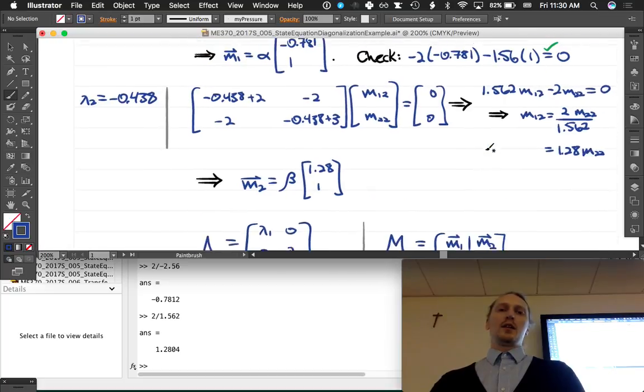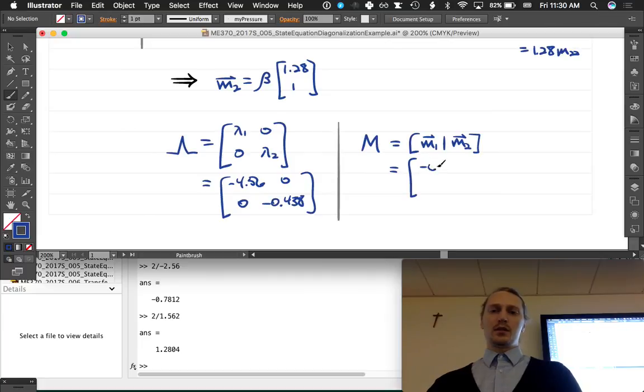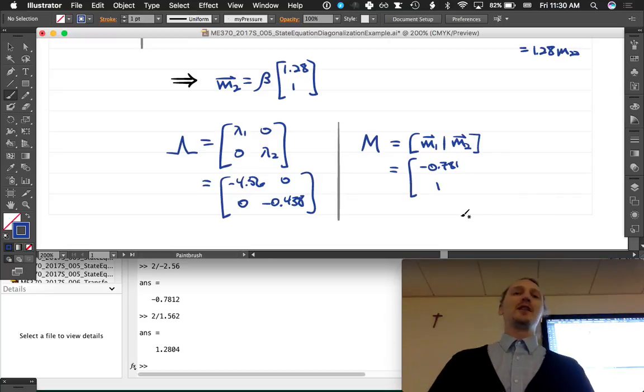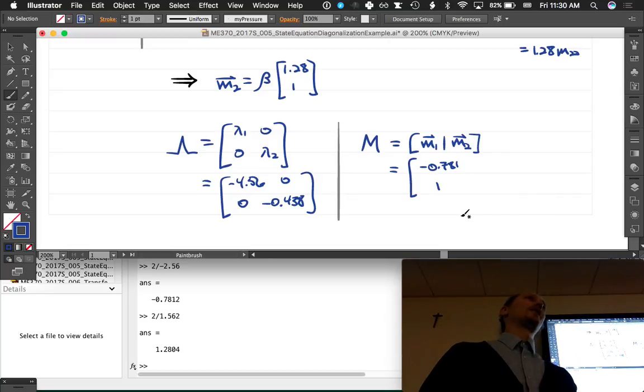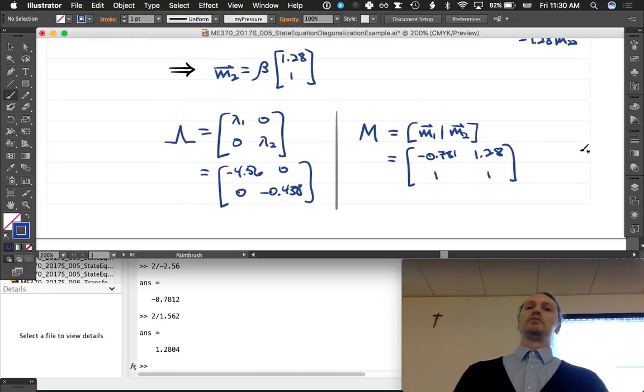M1 is negative 0.781 and 1. And this alpha thing, we're just going to say alpha is 1, because we could choose anything we want. Matlab will use a different scaling than us, but they'll get the same answer. Or they darn well should. M2 is 1.28 and 1. So there's our modal matrix.